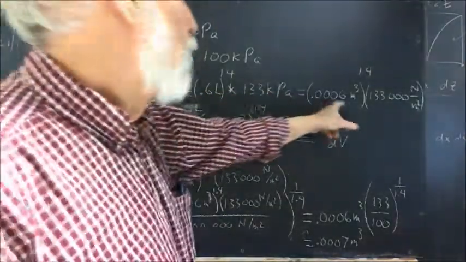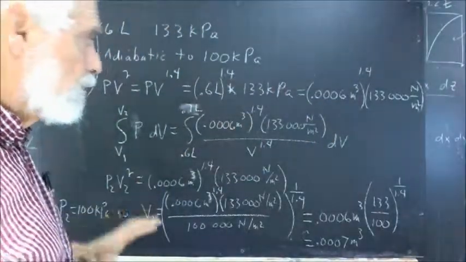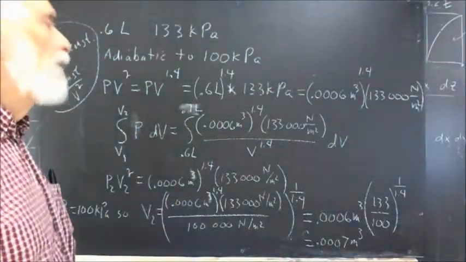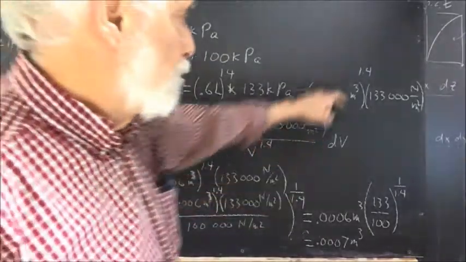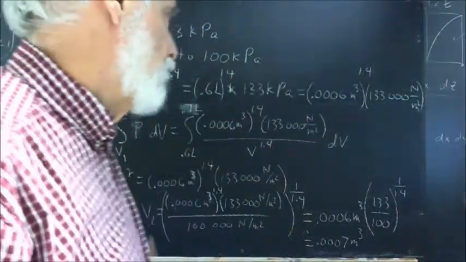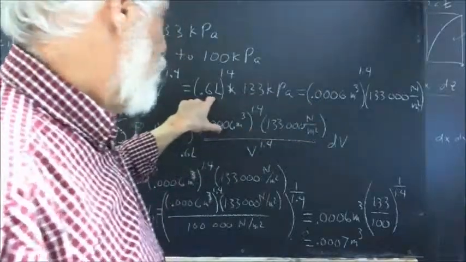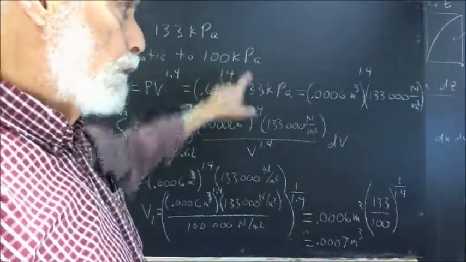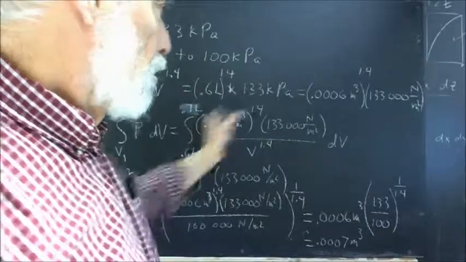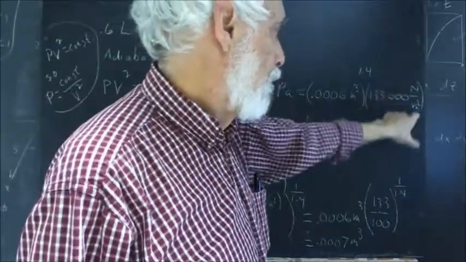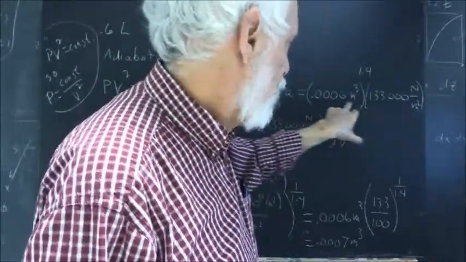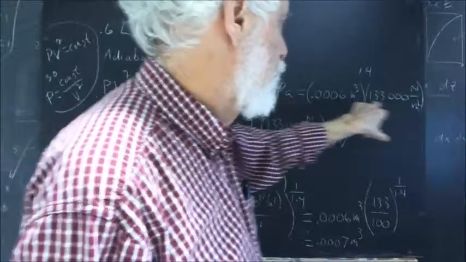That equals, I'm going to go to standard units here, simply because we've got this weird 1.4 power. We've got to raise the volume to the 1.4 power, and we're going to compare that with the pressure, and we want to have the same basic units.